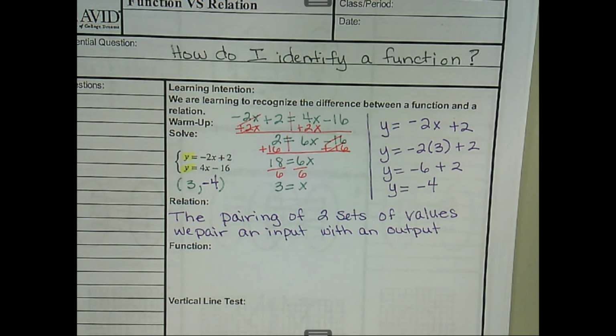So if we're looking at this, a relation is just putting any two numbers together. One has to come from the input, one has to come from the output. Now, a function, it has a special quality. A function is a relation in which each input is paired with exactly one output.